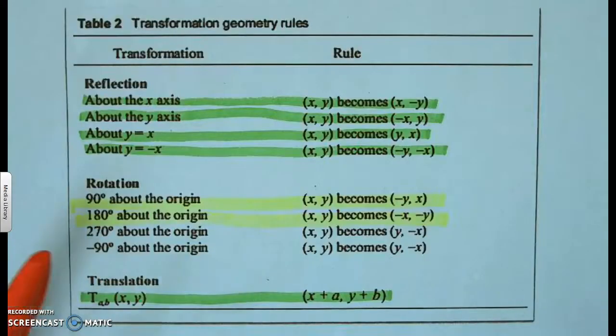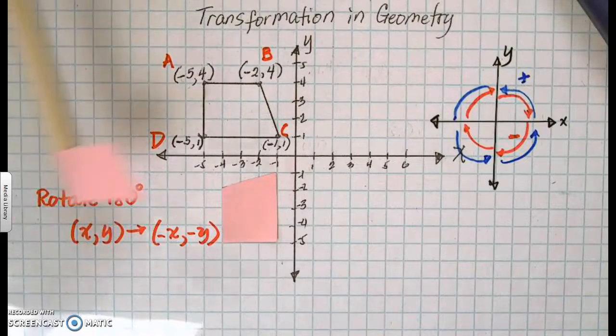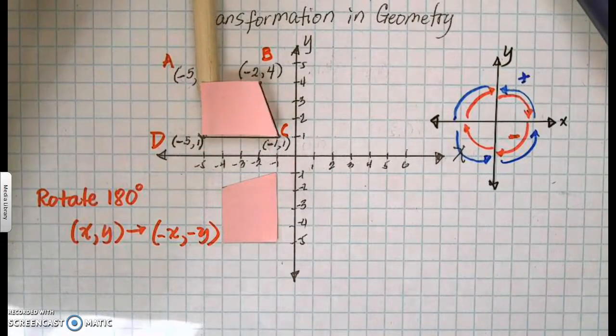The next type of rotation that we will discuss is a rotation of 180 degrees about the origin. I would like to show you a little demonstration on how rotation works. So if this is our original figure right here, what you want to do is rotate it 180 degrees, but I want to show you first the 90-degree rotation.